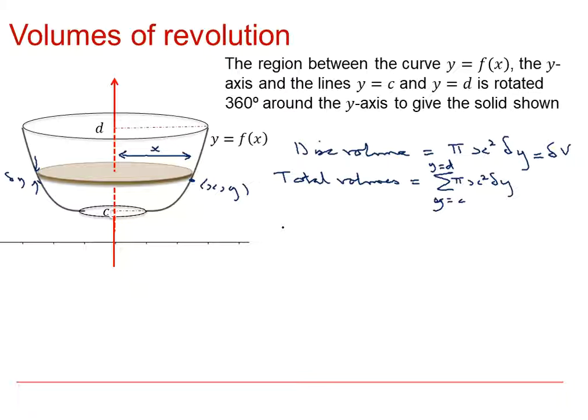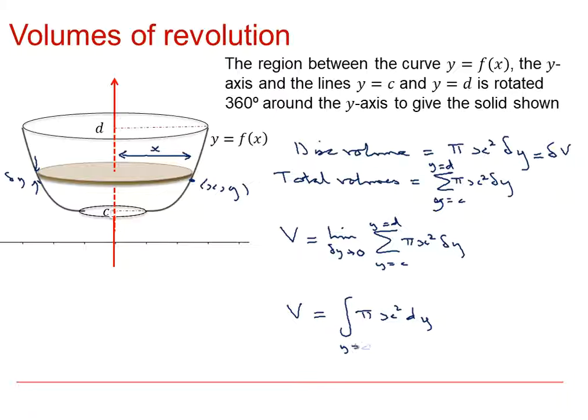The exact volume, which is what we're looking for, will be the limit as delta y gets smaller, so the disks are getting thinner and thinner but you're getting more of them, of the summation of pi x squared delta y from y equals c to y equals d. And as delta y approaches 0, the exact volume becomes the integral of pi x squared dy from y equals c to y equals d.